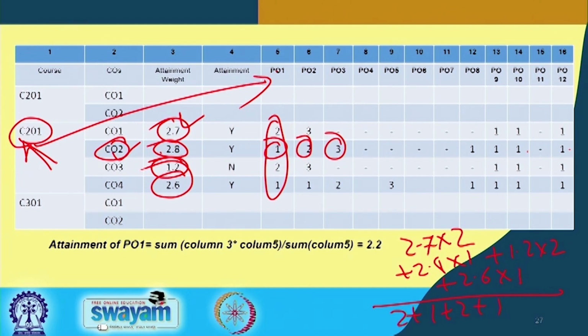So, the attainment of the course towards PO1 is calculated based on multiplication of each of these, divided by the sum of the course matrix weights.